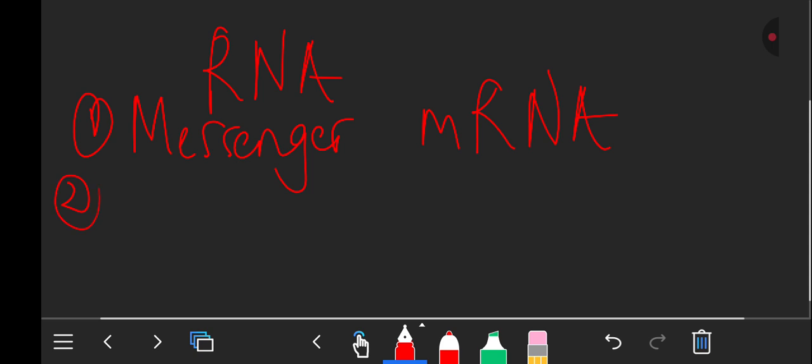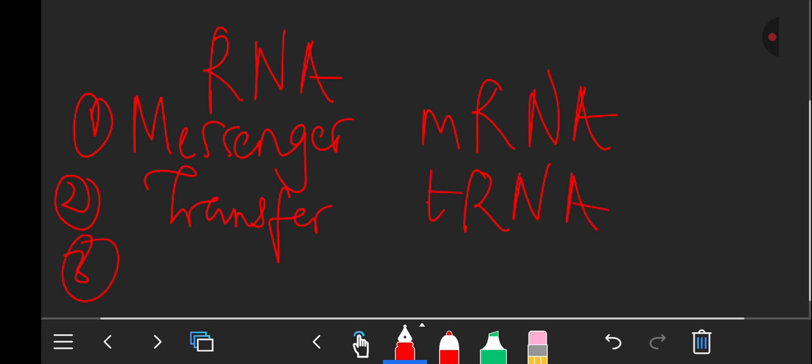We have what is called the transfer, abbreviated as tRNA. We have what is called the ribosomal, abbreviated as rRNA.